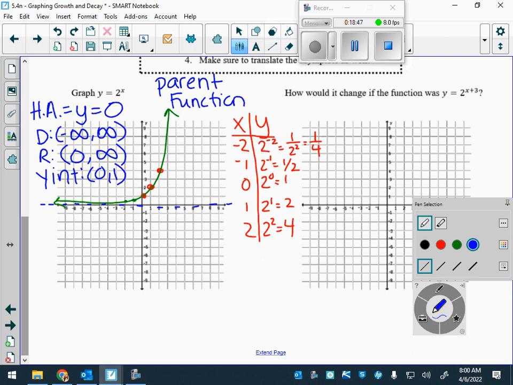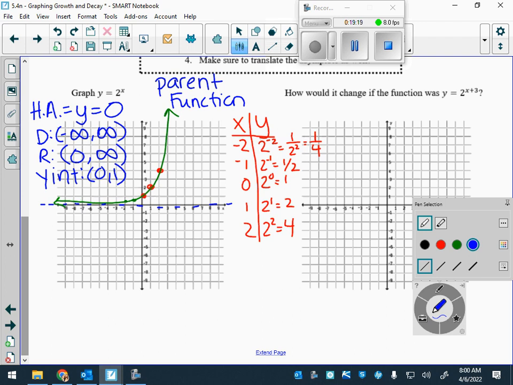Okay. Good. There were a lot of suggestions here. What do you guys think? Are we moving up 3? Are we moving right 3? Are we, by adding 3, moving to the left 3? Stefan is correct. We are moving to the left 3.